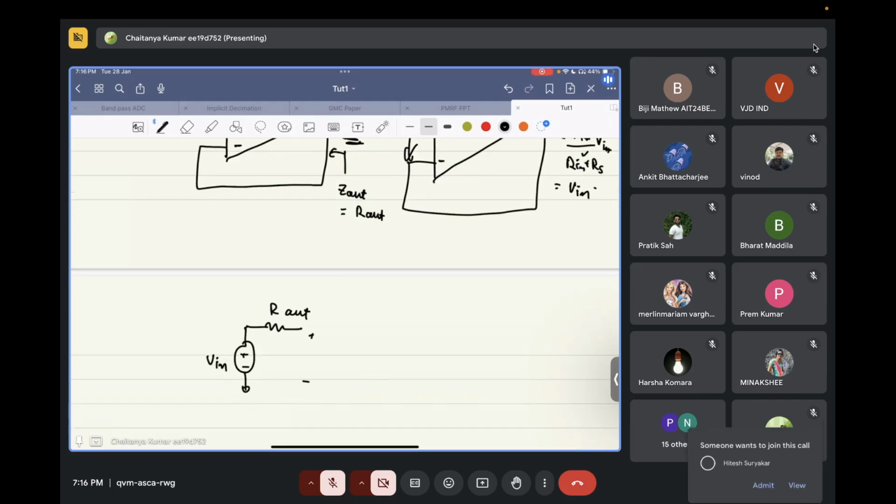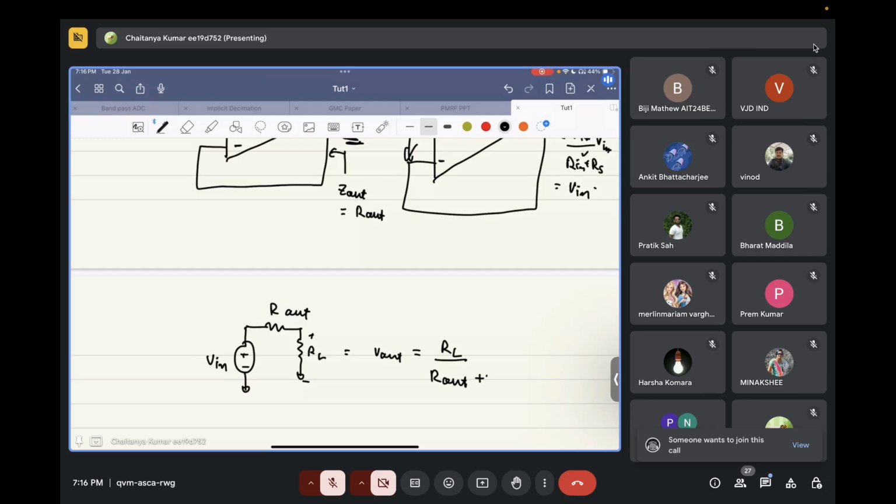Now, let's say this op amp is driving a load of value RL. Again there will be voltage division between R out and RL, and your output voltage V out will be RL divided by R out plus RL, times V in.